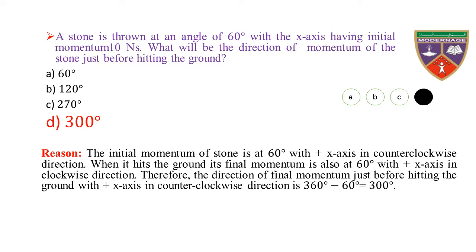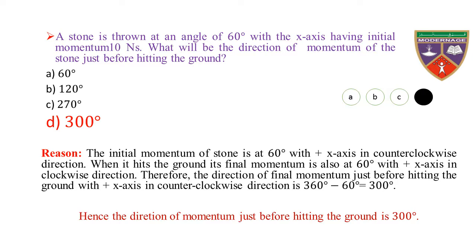Therefore, the direction of final momentum just before hitting the ground with positive x-axis in counterclockwise direction is 360 minus 60, which is equal to 300 degree. Hence, the direction of momentum just before hitting the ground is 300 degree with the positive x-axis.